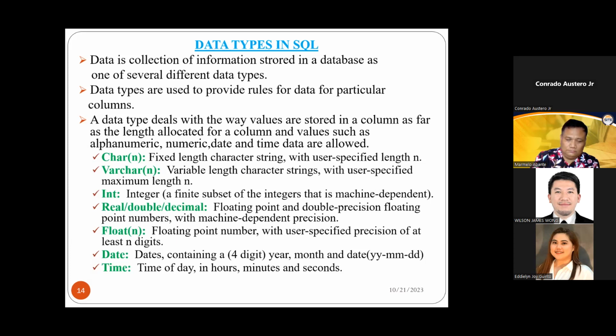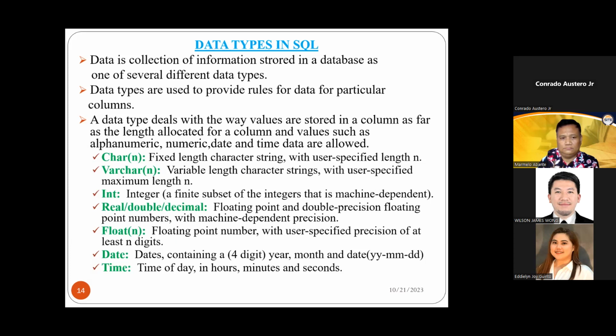For example, character or CHAR, a fixed length character string with user specified length n. VARCHAR, a variable length character string with user specified maximum length. INT, or integer, a finite subset of integers that is machine dependent.